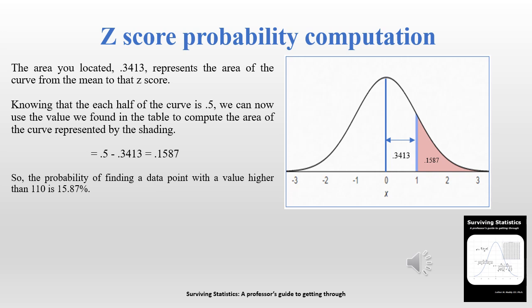So the answer to our question then becomes the probability of finding any one data point at random with a value higher than or equal to 110 is 15.87%. So remember, the area that you're finding when you look up a z-score is the area from the mean to the standard deviation represented by that z-score.